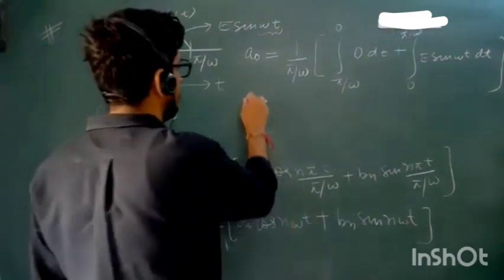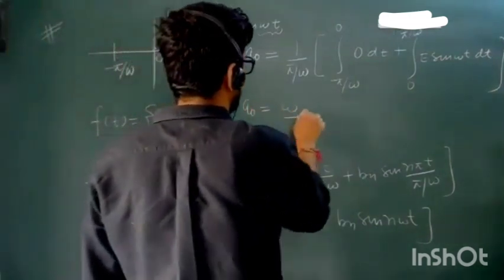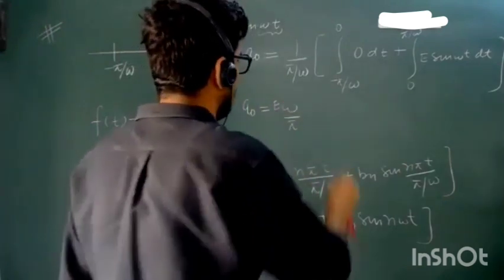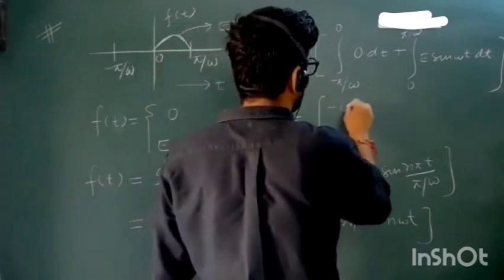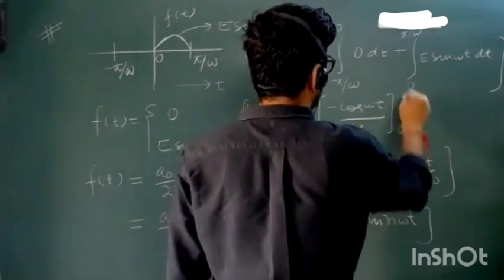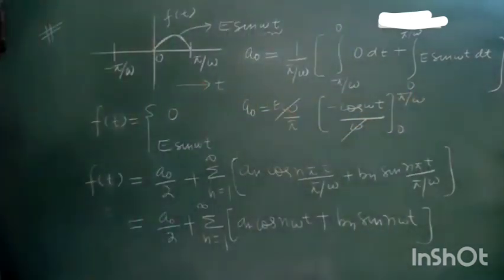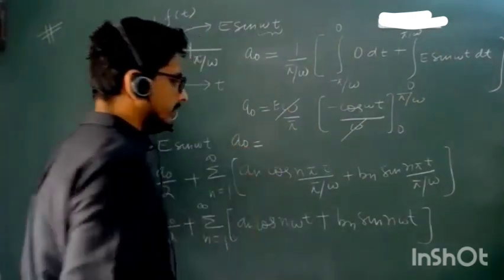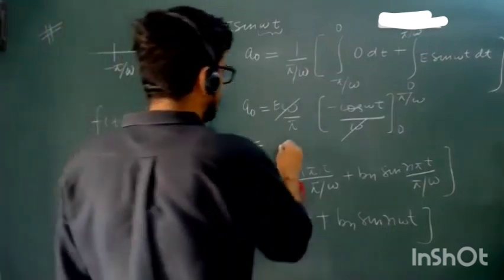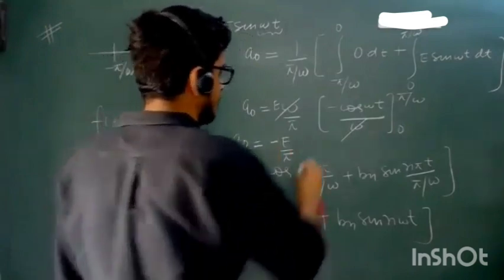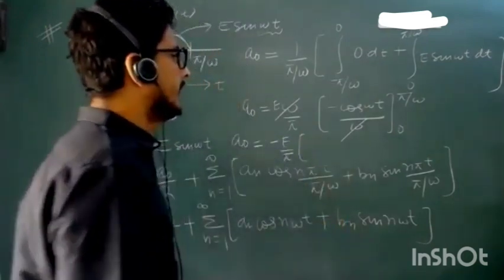So this will become a naught is equal to omega by pi e, and the integral of sine will give me minus cos omega t by omega, from 0 to pi by omega, and this omega will be cancelled. And hence the value of a naught will come out to be minus e by pi into cos omega t.